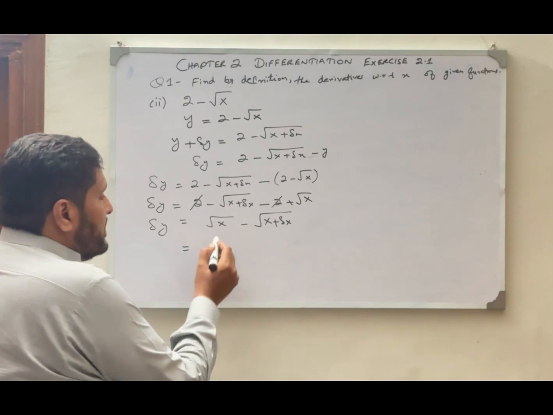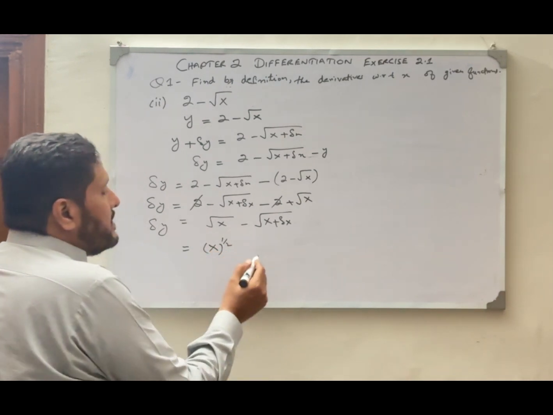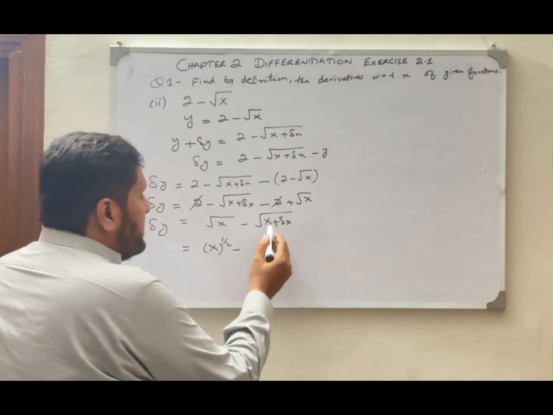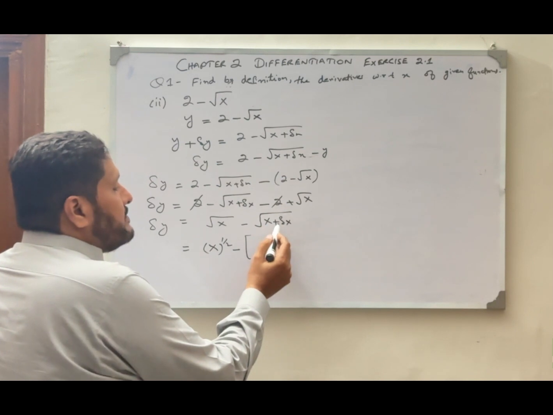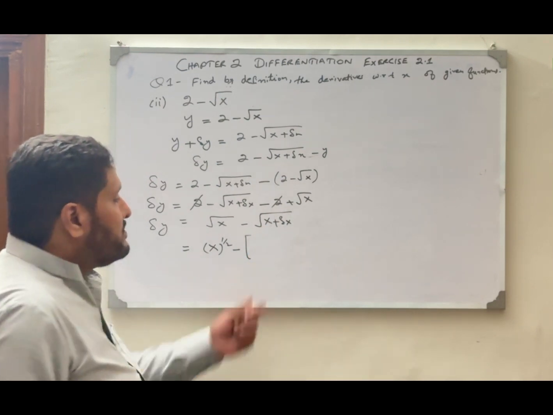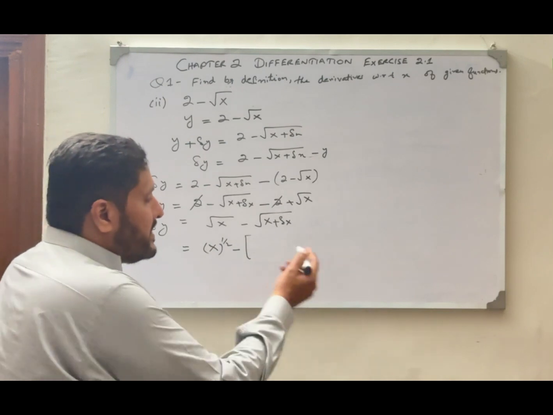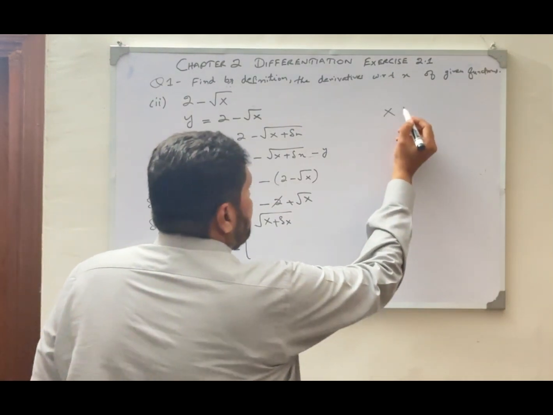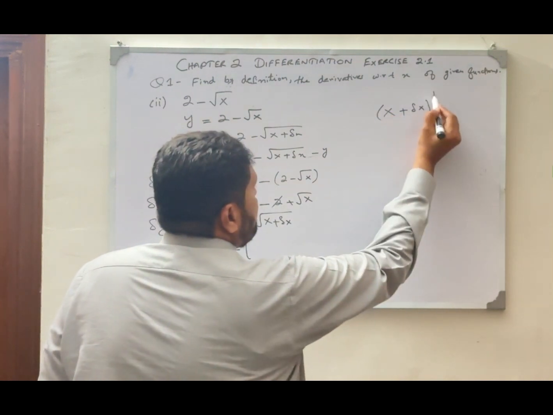So for this one, this will become x power 1 by 2 minus, here we write it in this way, this is x power 1 by 2. If we take x common from these two terms, here I will solve it separately. So this is x plus delta x power 1 by 2.